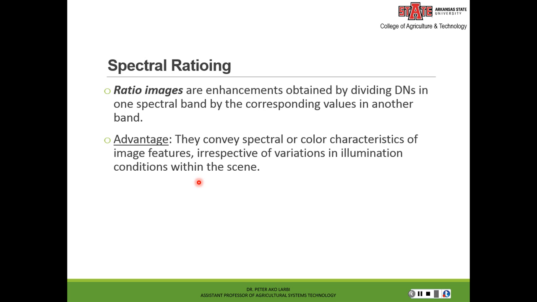So let's say you are looking at the red band divided by the green band, you would have A1 in the red band data divided by A1 in the green band data, and then that is applied to the entire data to obtain the ratio values.